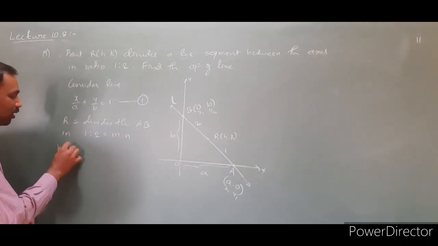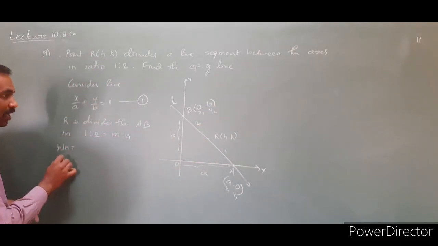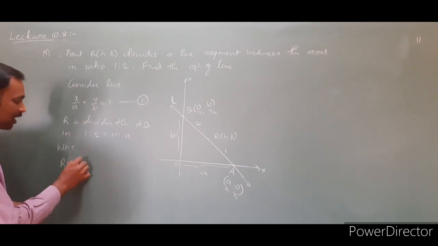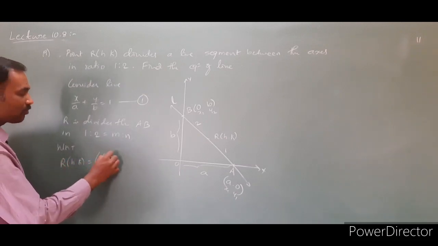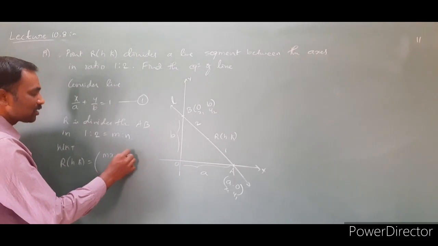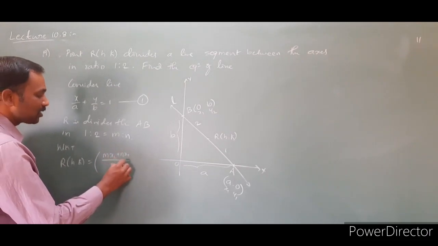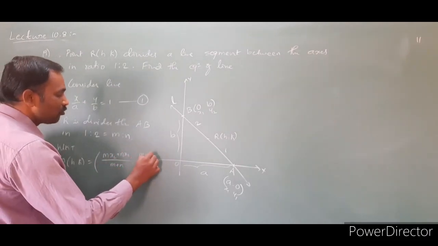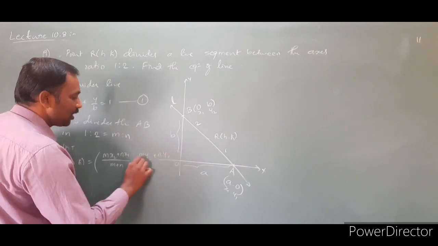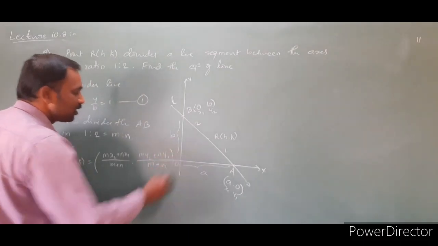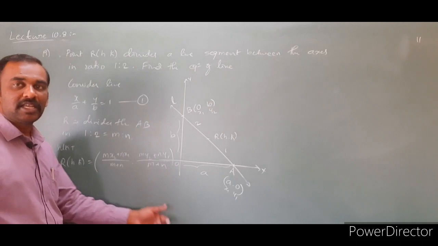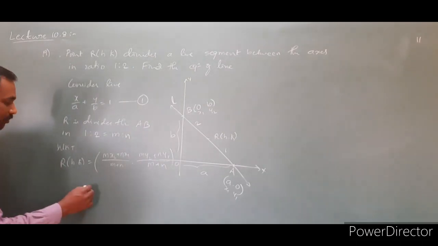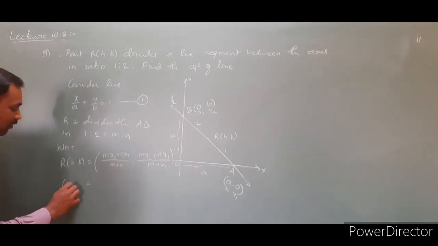We know the section formula. What is the section formula? R of (h, k) is equal to ((mx2 plus nx1) divided by (m plus n), similarly (my2 plus ny1) divided by (m plus n)). Replace m, n, x1, y1, x2, y2. Simplify.